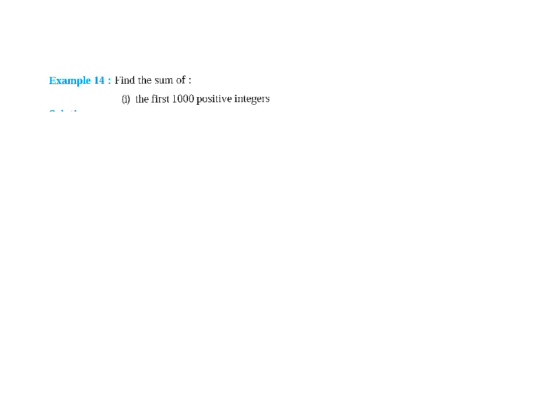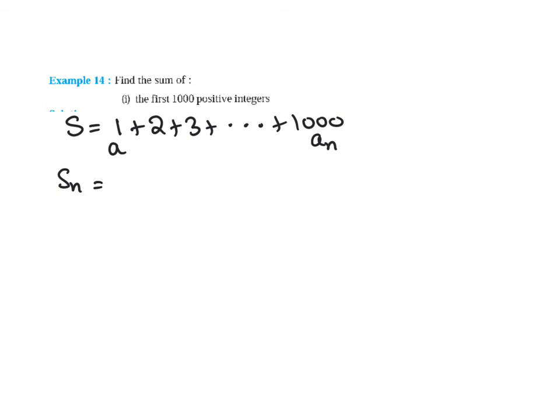Let's try this. Find the sum of the first 1000 positive integers. So let S be equal to 1 plus 2 plus 3 on and on till 1000. So we know the first term over here and we know the nth term over here. Remember the formula if we know the first term and the nth term to find the sum of the first n terms? n over 2 times a plus an.